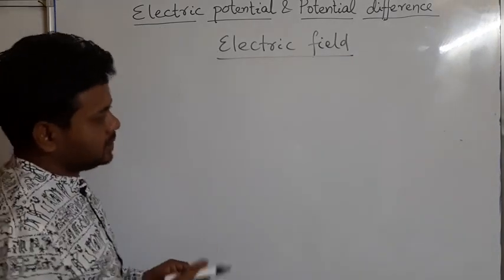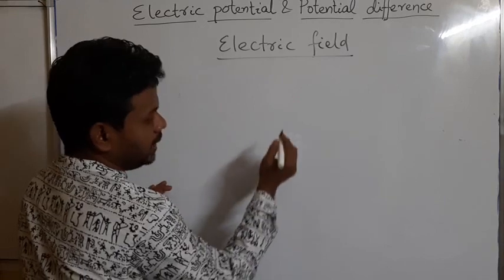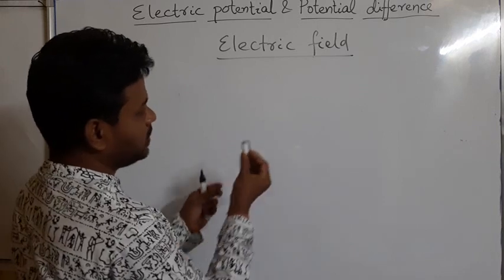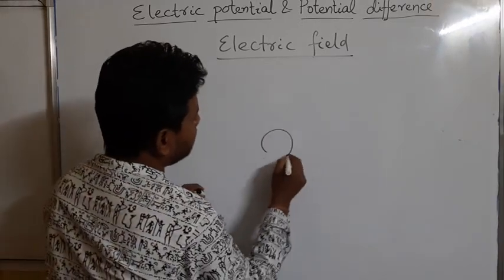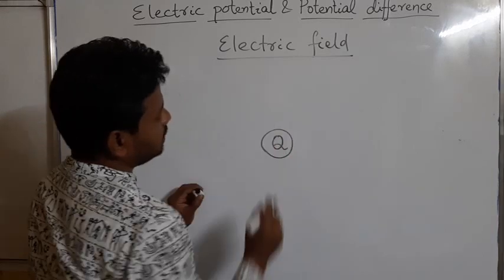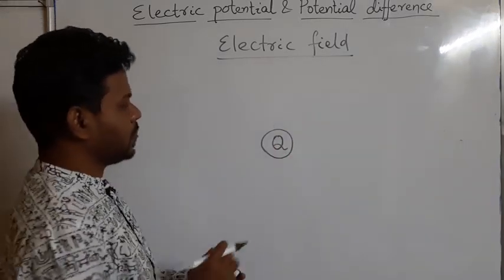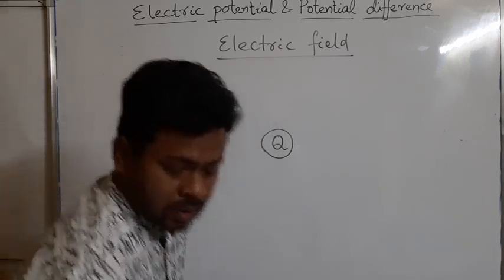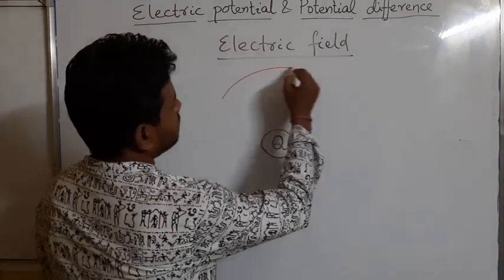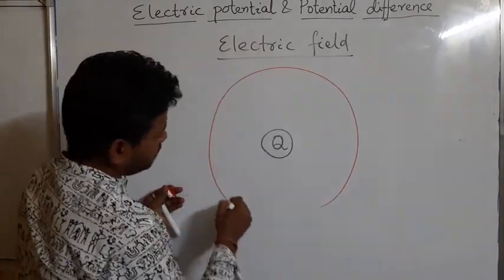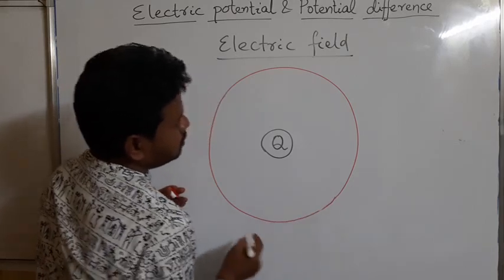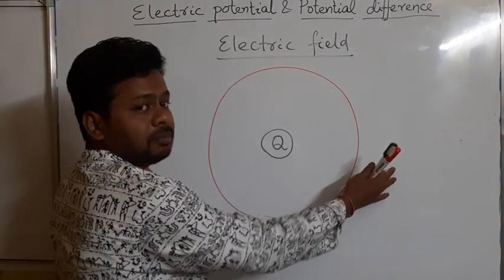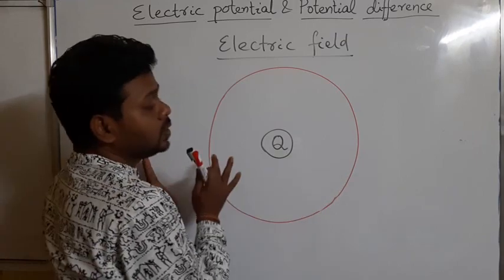You know that if I keep an electrically charged object, for example this is a charged object, and let Q be the charged object, then the space or the region around the charged object, because this is a two-dimensional board so I am showing you the area.